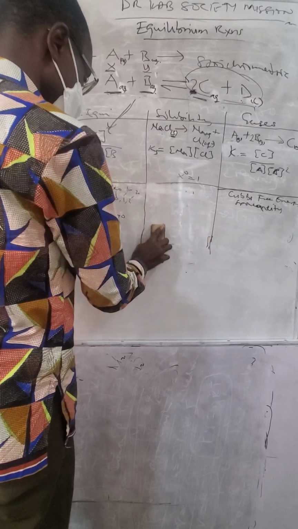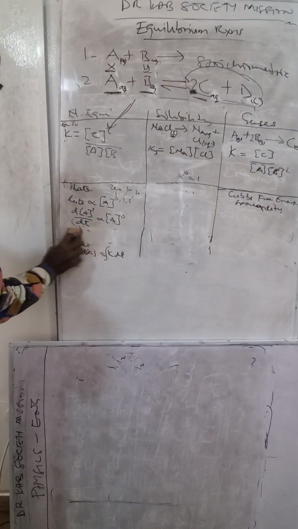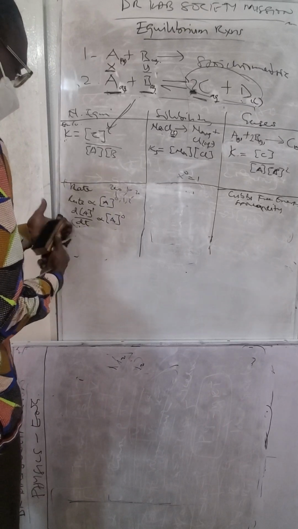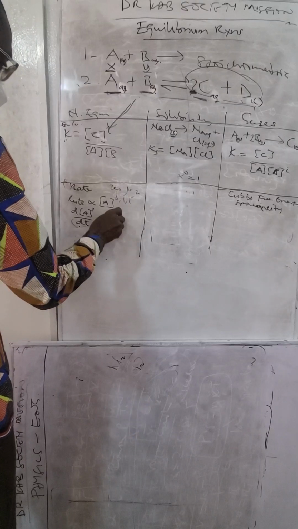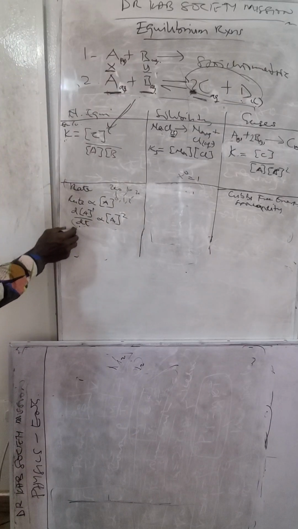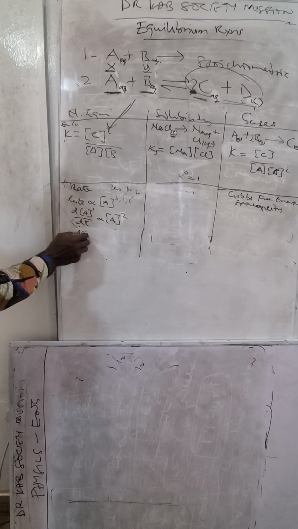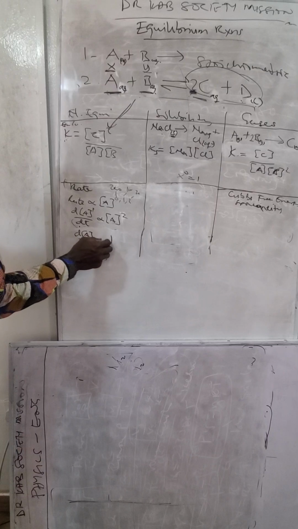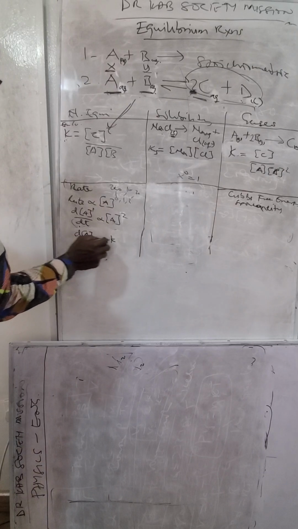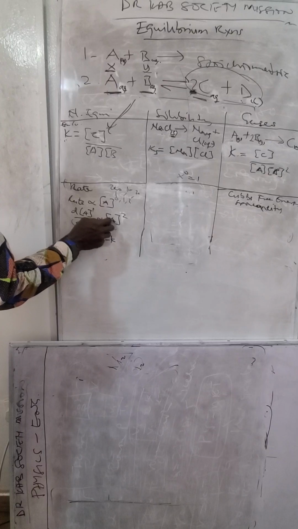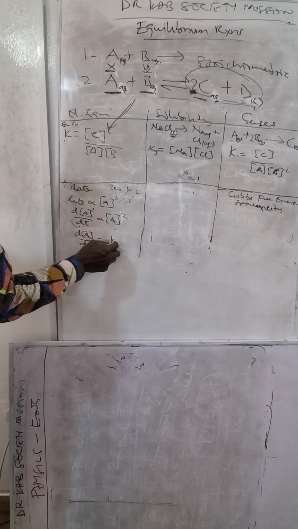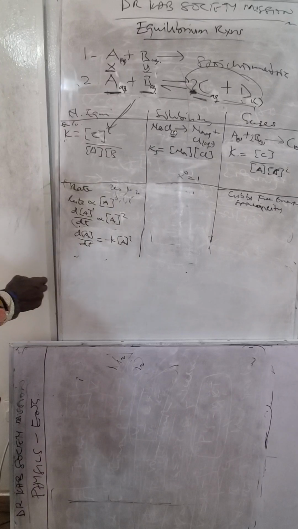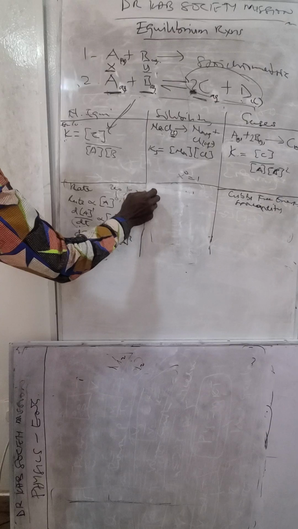So let's say you put to the power 2 here. Let's see what happens. What are we going to get? dA over dt is proportional to negative k, because it's reducing, the reaction is increasing, this is decreasing, so let's put negative k A to the power 2. Which will become what?